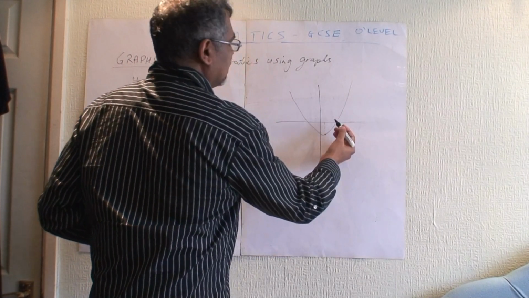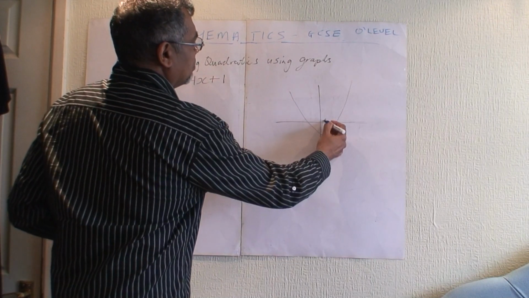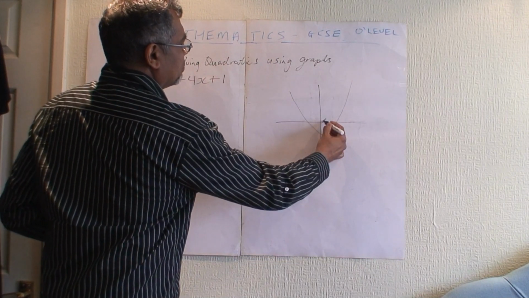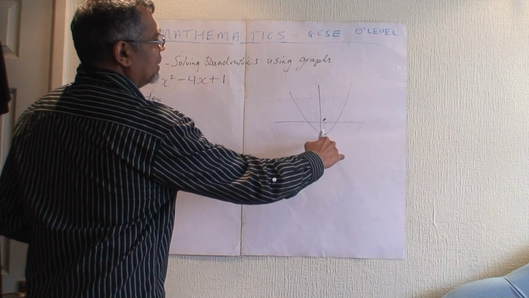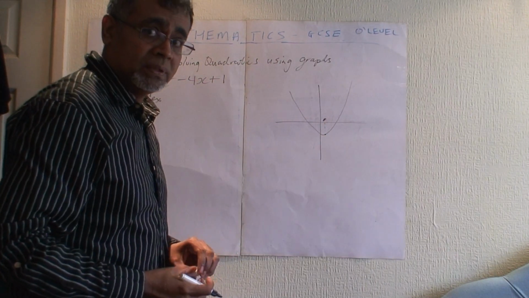It could be whatever the x is, it could be 1, so we try to find what that x value is. That's known as the vertex.